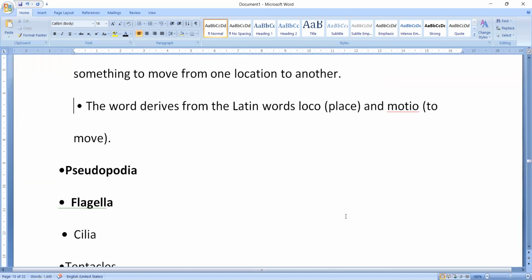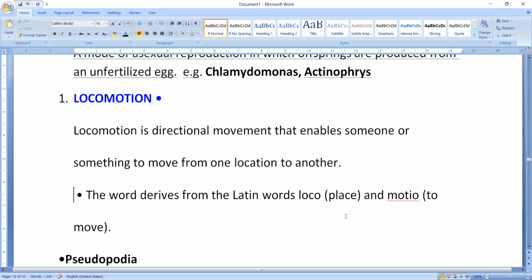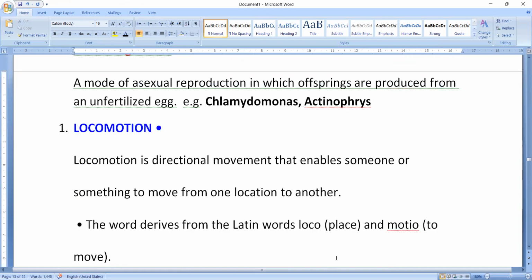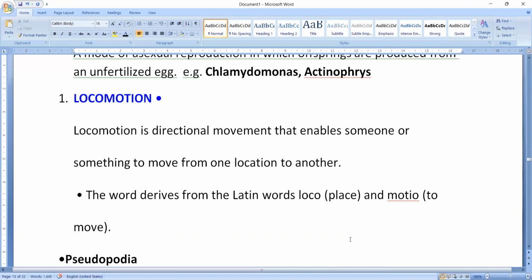That is the definition of locomotion. The word derives from two Latin words: loco means place and motio means to move.